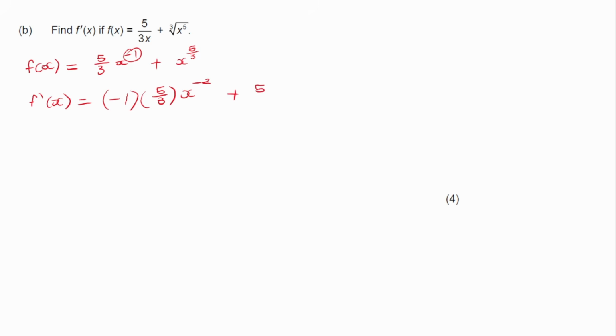So that's plus 5 over 3 to the power of x, 5 over 3 minus 1. So when we do that, we get minus 5 over 3, x to the minus 2, plus 5 over 3, x to the power of 2 over 3. Good, not too bad once you know the rules of differentiation, I hope.